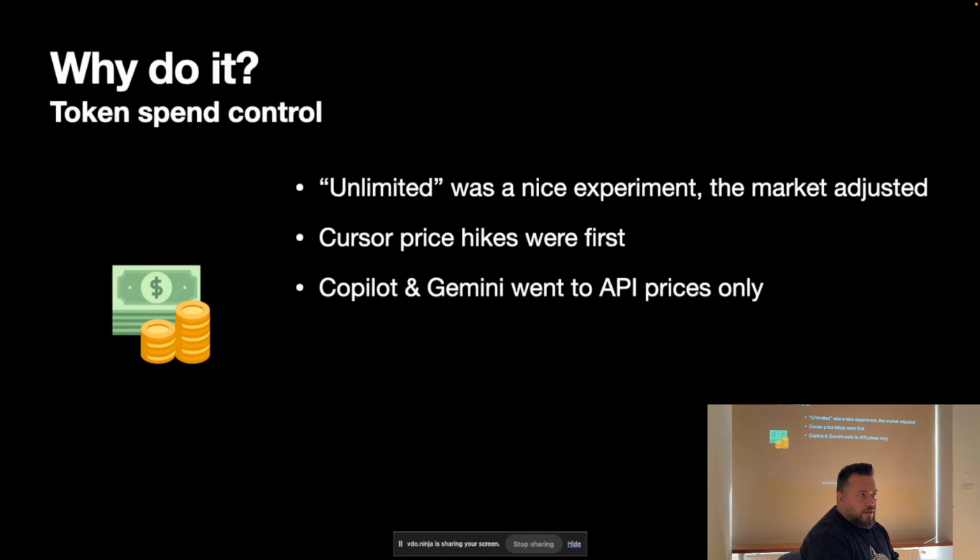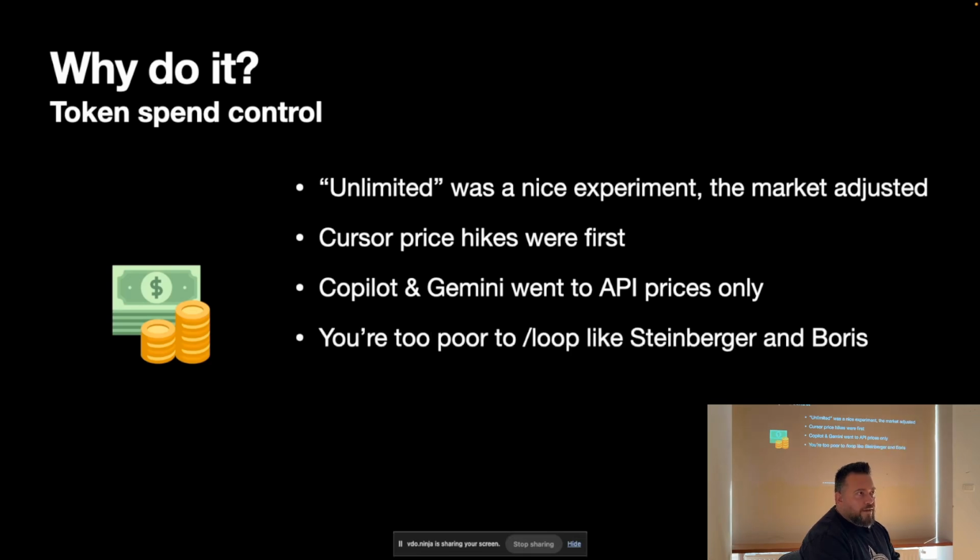More recently, at the beginning of this year, Cursor, Copilot and Gemini followed up. Currently, as far as I know, you can't even create a new personal Copilot subscription, and you're charged API prices exclusively, and there's no more free tier in Gemini, which was their whole selling point initially.